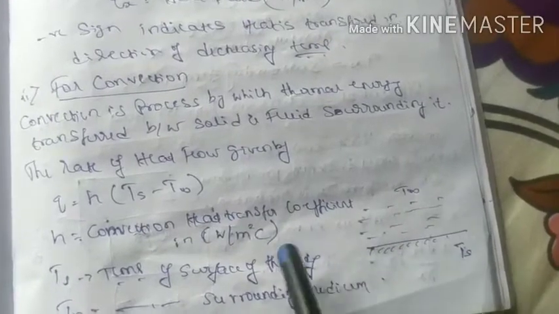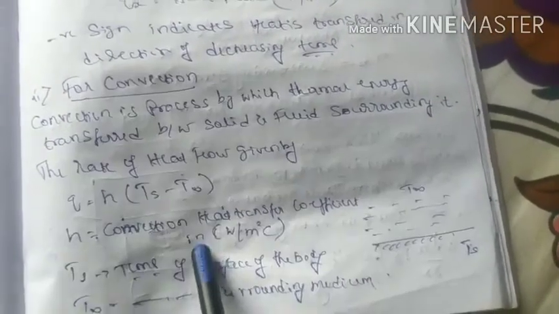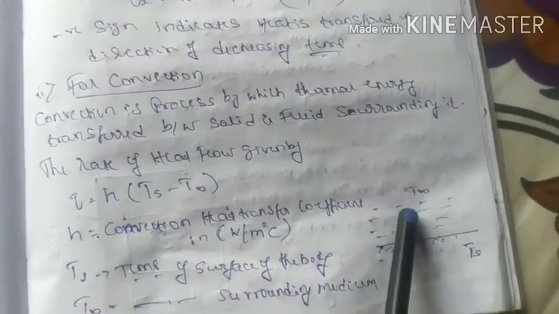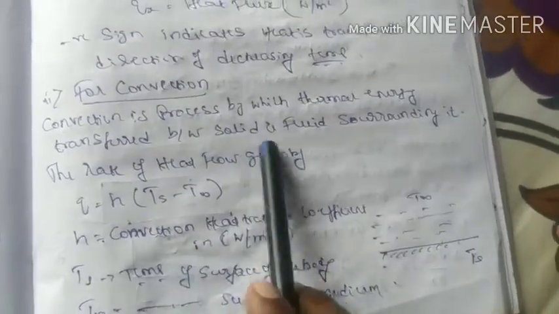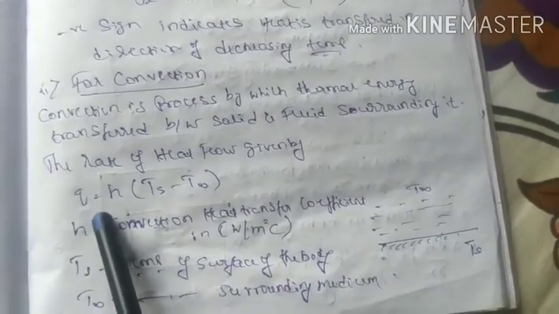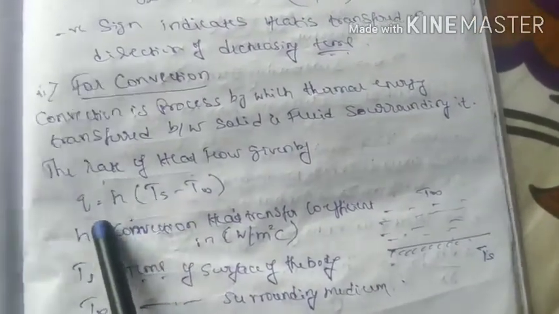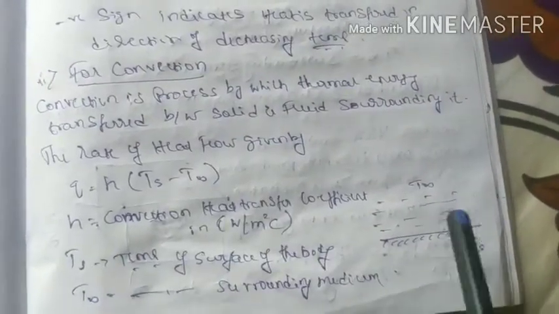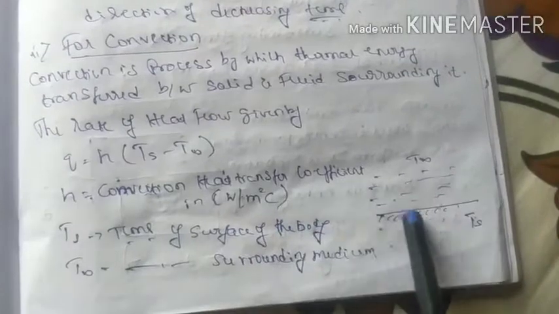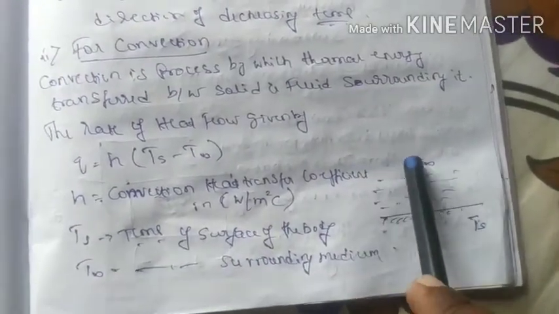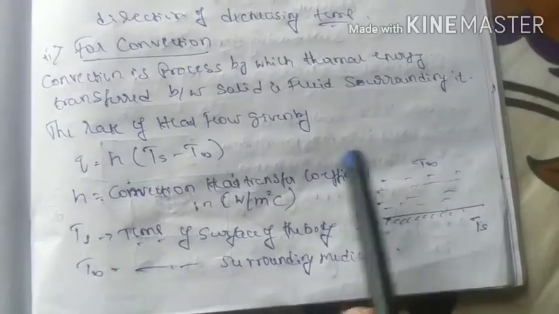So it is vice versa, that is called convection. How much energy is transferred between the solid and the surrounding fluid is measured using this equation: Q is equal to H into Ts minus T infinity. Ts is the surface temperature of the solid body. T infinity is the temperature of the surrounding medium, or the fluid temperature.